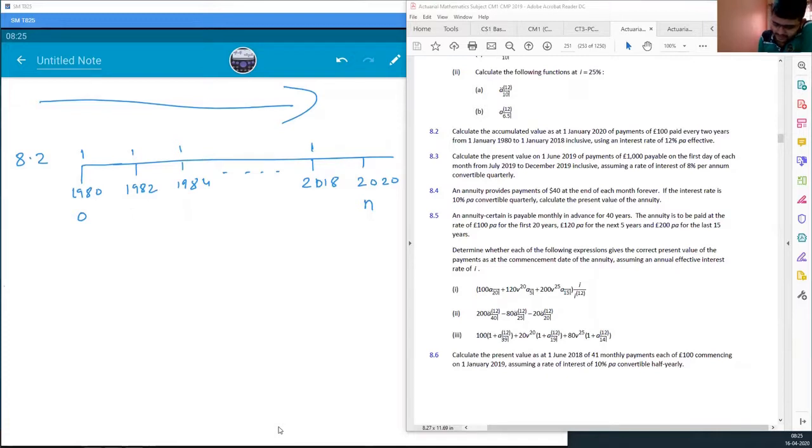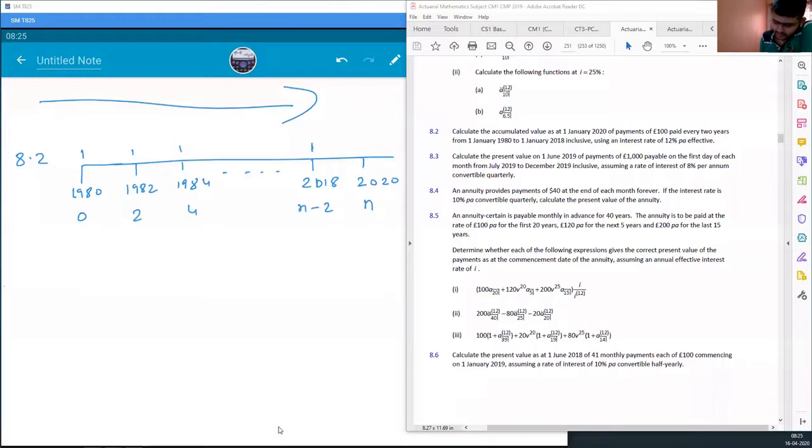So I can say this is my 0, this is my 1, this is my 2, this is my n minus 1, and this is my n. To find what is our final n number of years, rather my mistake, I should take it as 2, 4, and this will be n minus 2 because then this is number of years. Okay, so number of years, we have skipped one year.